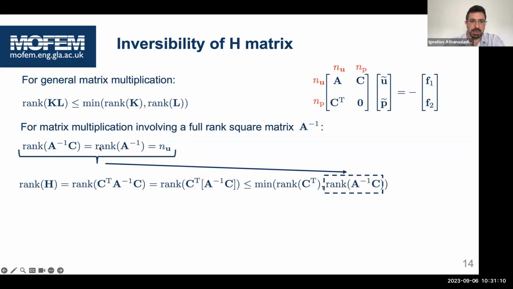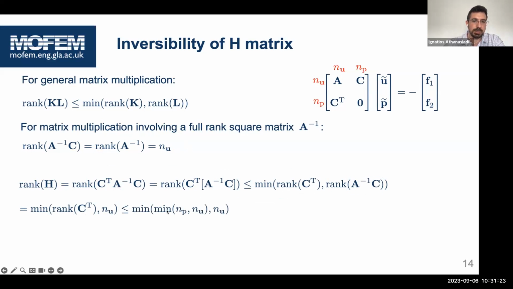But we can see from the second relationship that the rank of this multiplication is essentially equal to the number of unknowns. If we substitute the general relationship for C transpose, we end up, for the left-hand side of this minimum, with the minimum of the number of rows and columns of this matrix, which eventually ends up with the minimum of either the number of pressures or the number of unknowns of displacements.